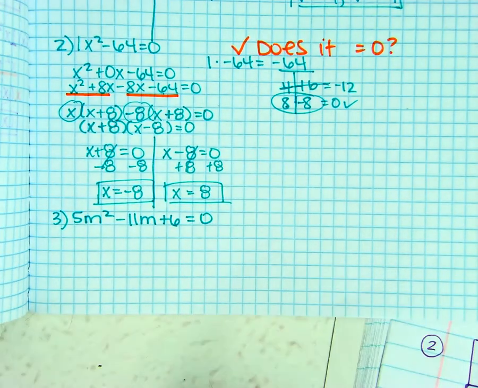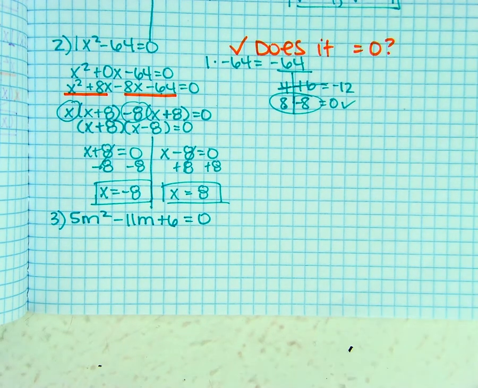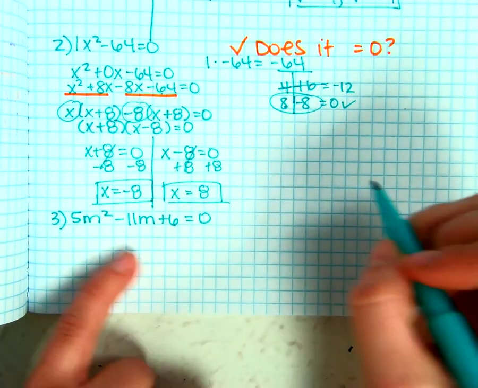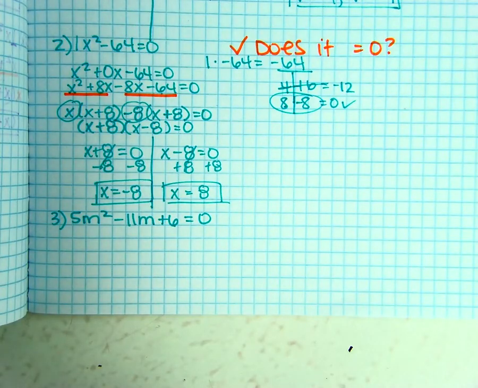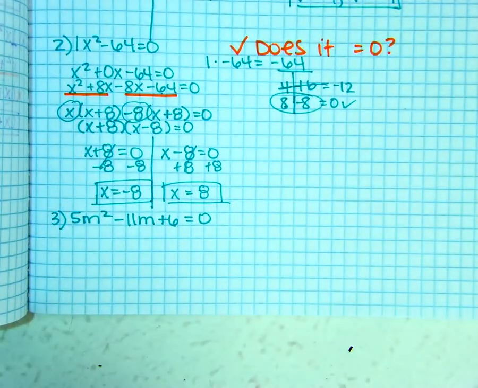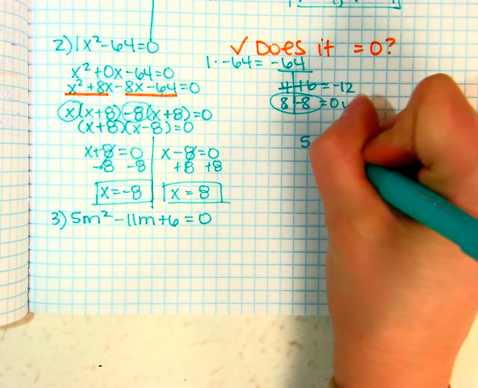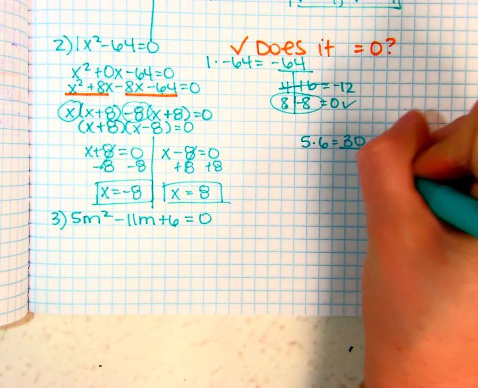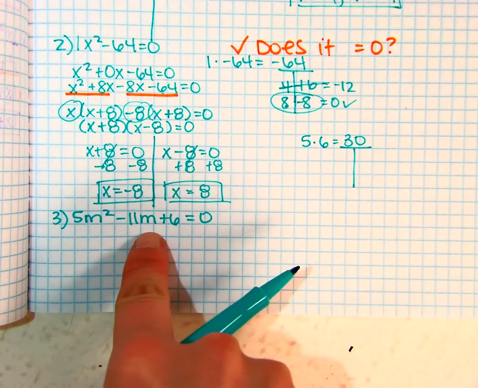Okay, so does it equal 0? Yes. All right, so what we need to do now is figure out, I'm going to use the space over here, how to factor it. So go ahead and pause, try the problem on your own. Okay, so 5 times 6 is 30. I need two numbers that add to give me negative 11.